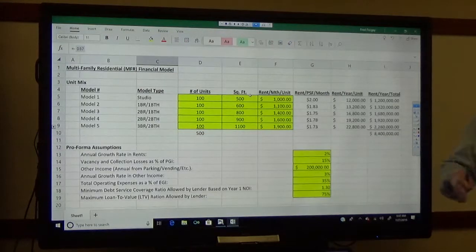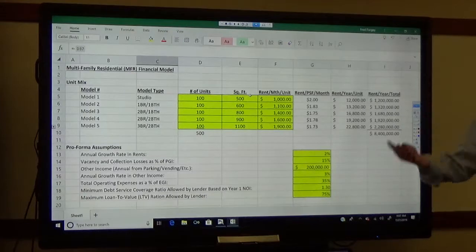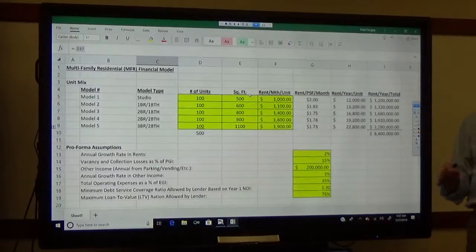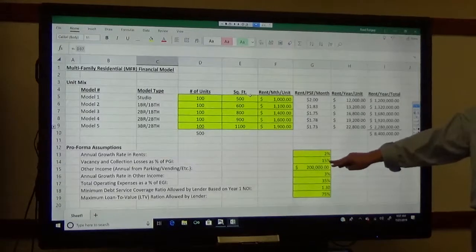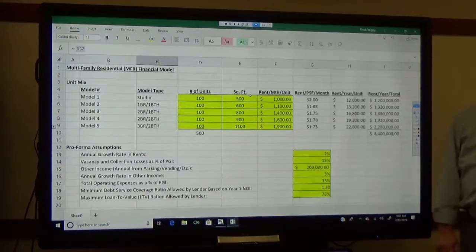We looked at similar projects, here's what the vacancy rates have been, here's what we're expecting. Now, under no circumstances should you ever have a 0% vacancy. I guarantee you the judges will come unglued, because they will say you're always going to have frictional vacancy. You're always going to have people moving in, moving out, and even at an absolute minimum, that's probably going to be 5% a year.